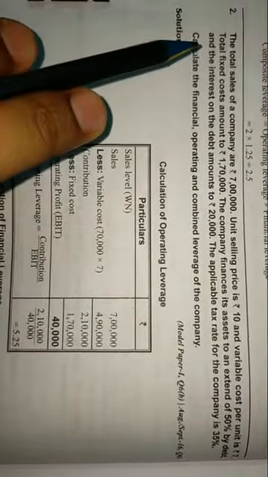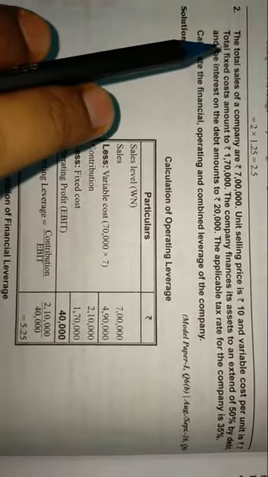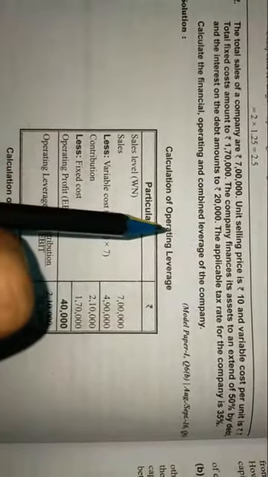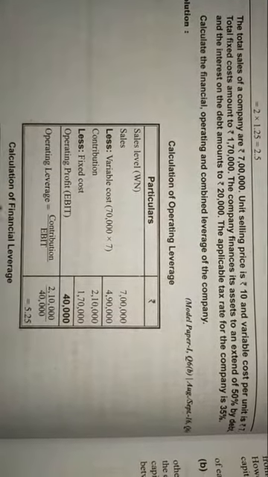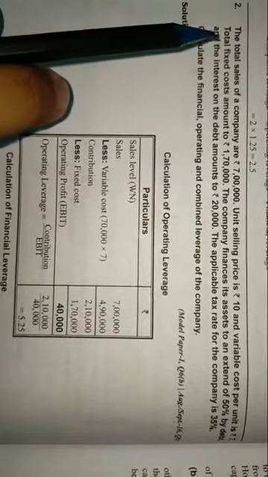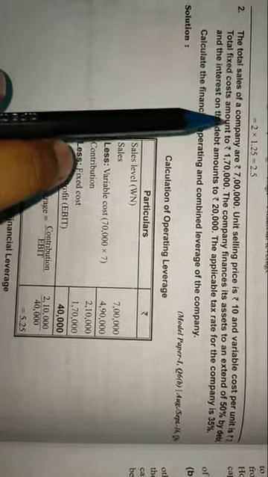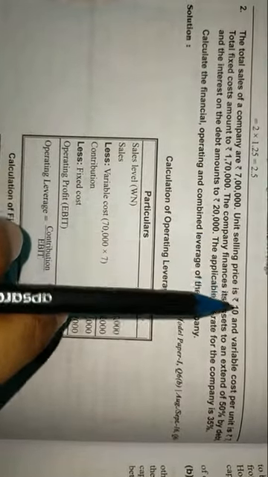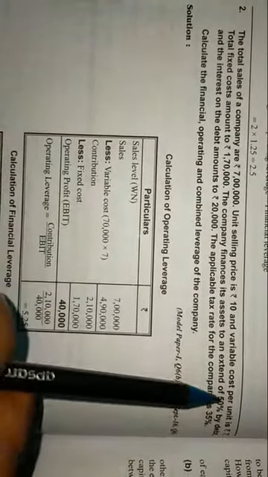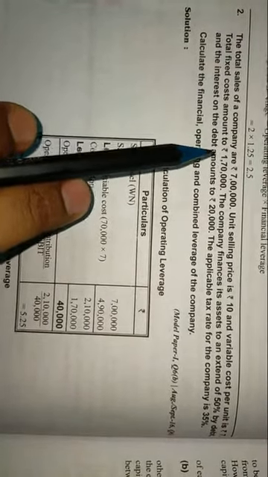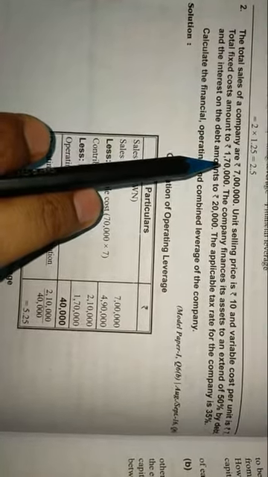Here the problem is given in which they are asking us to find out operating leverage as well as financial leverage. The total sales of a company are 7 lakh. Unit selling price is 10 and variable cost per unit is 7. Total fixed cost amounts to rupees 1,70,000.